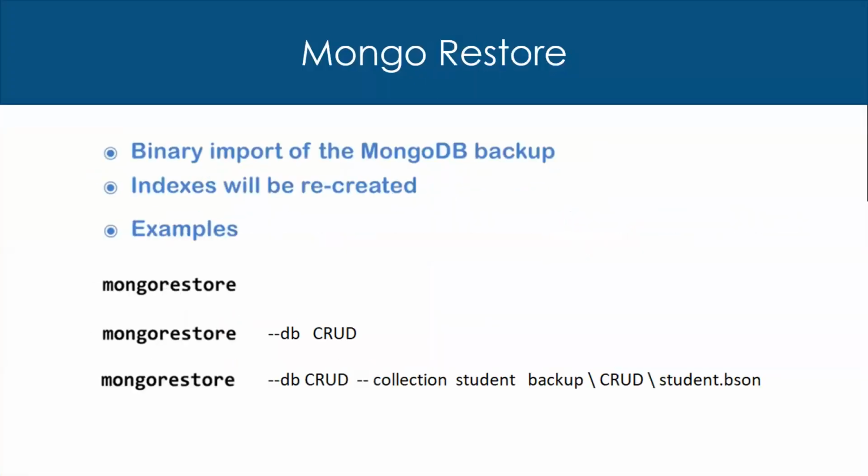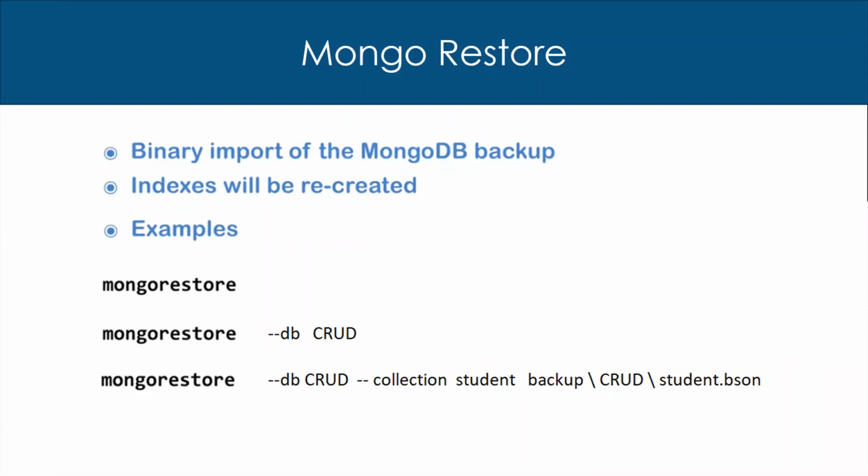I'll show you. Okay, now mongorestore is a utility that will take the backup and restore it. It will import the entire backup into the database again. So all the indexes that are stored in that collection will be recreated. So we can use the command called mongorestore.